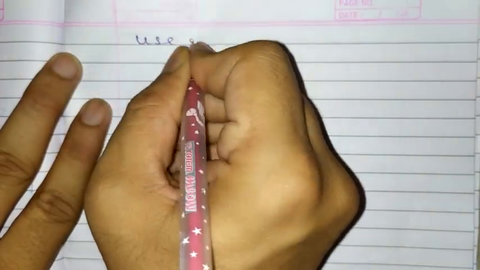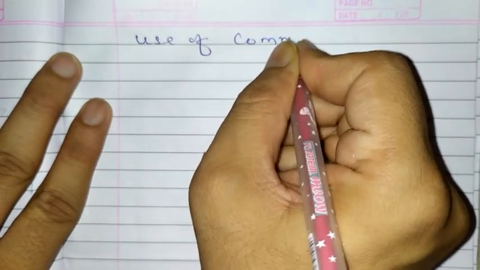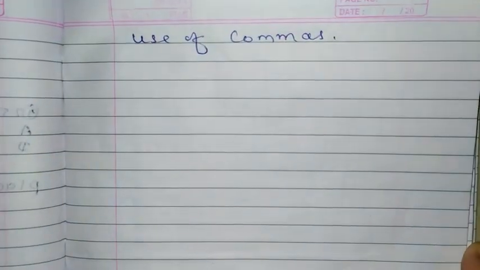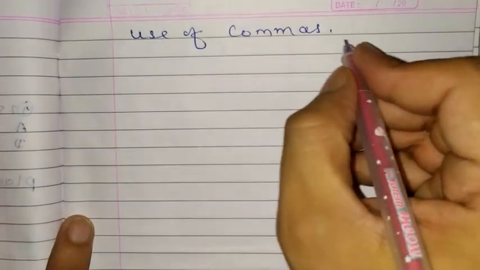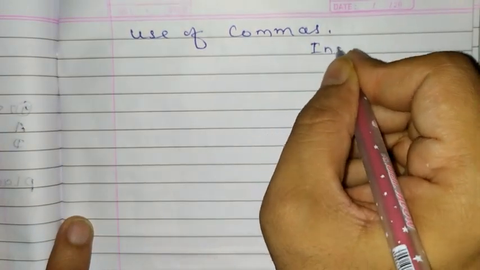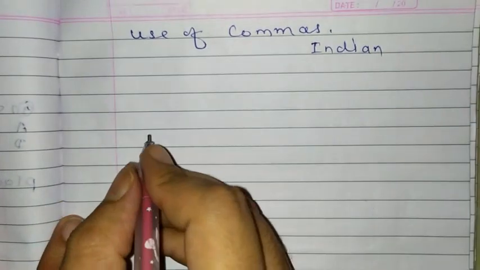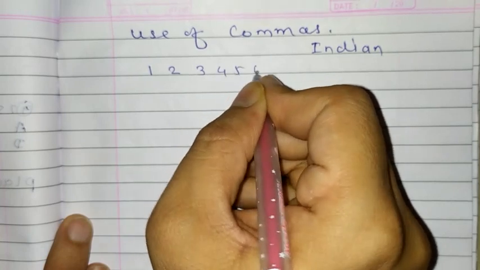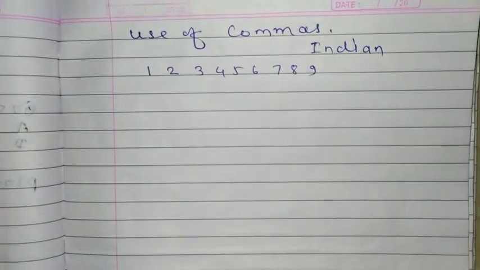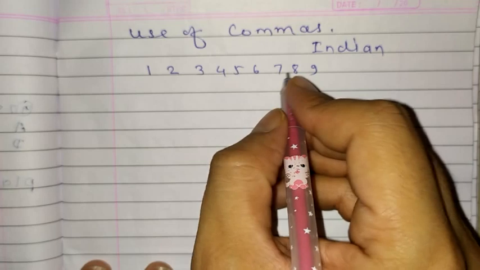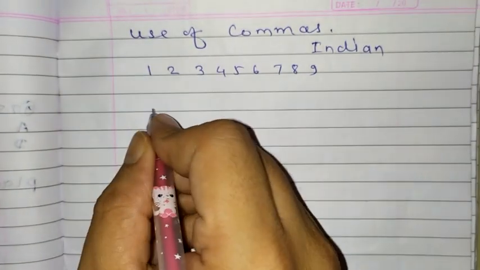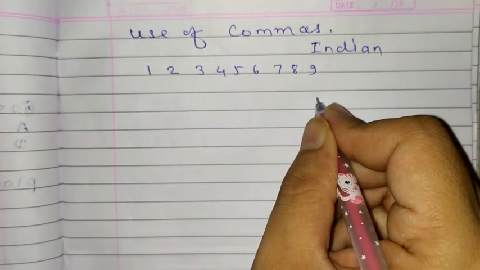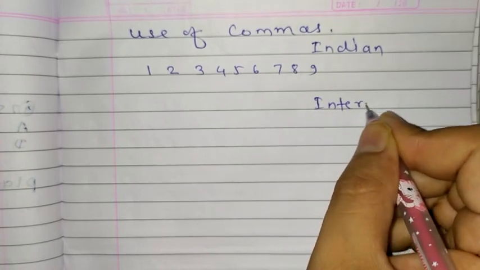Our next topic, after the place value, is the use of comma in the Indian and international place value systems. First we will see the Indian place value system. Suppose you have a 9-digit number, so you have to use commas, and at the same time I am taking the same number for international also.